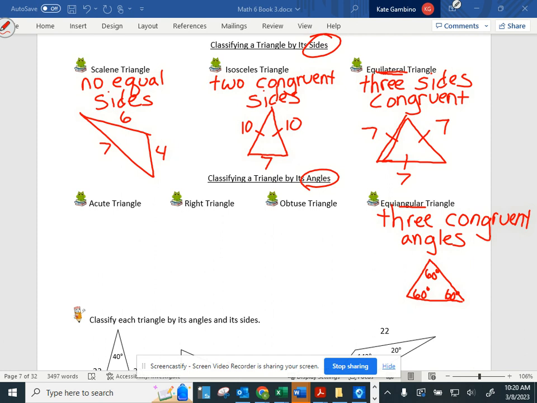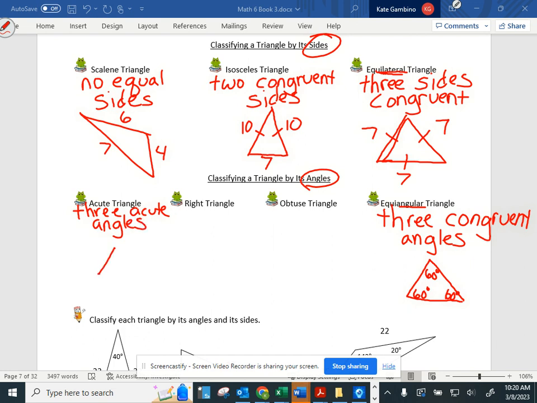So now let's talk about these other types of triangles. We have an acute triangle. What do we know about acute angles? Jillian? Yeah, an acute angle is less than 90 degrees. So an acute triangle has three acute angles.